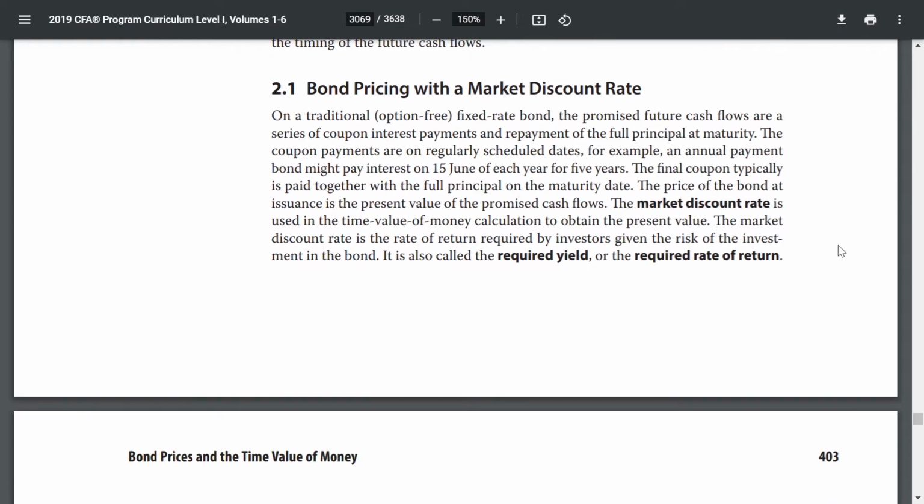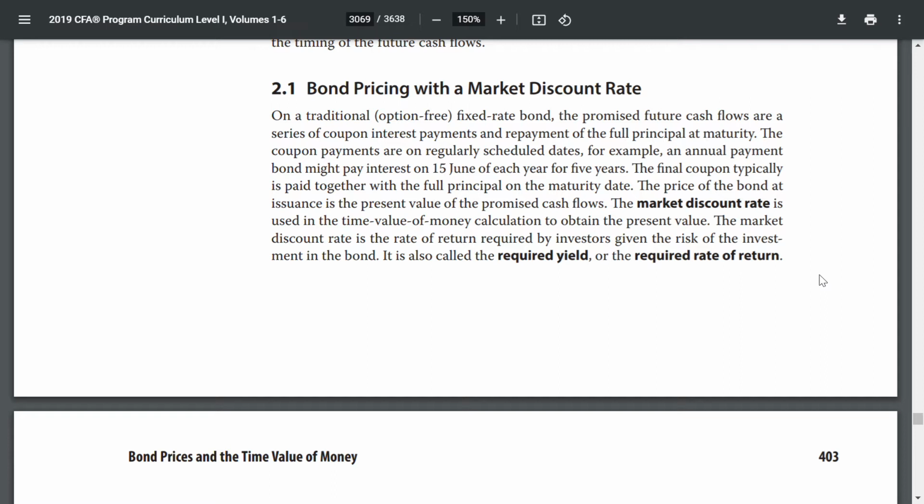Bond pricing with a market discount rate, on a traditional option-free fixed-rate bond. The promised future cash flows are a series of coupon interest payments and the repayment of the full principal at maturity. The coupon payments are on regularly scheduled dates. For example, an annual payment bond might pay interest on 15 June of each year for 5 years.